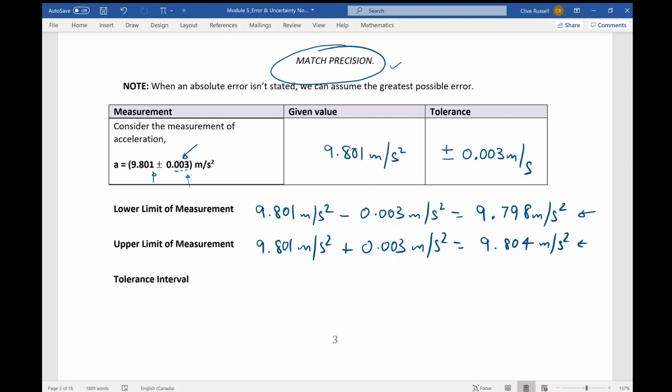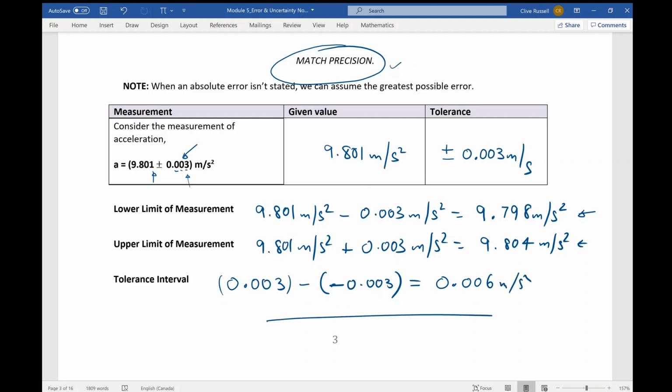Now the tolerance interval is the difference between the tolerances. So it's 0.003 minus negative 0.003, which gives you 0.006 meters per second squared.